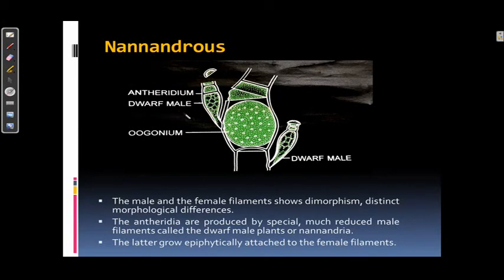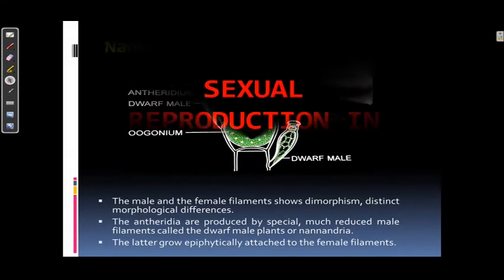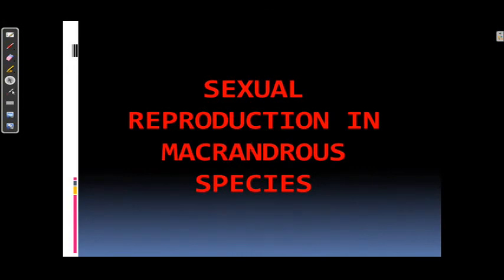This dwarf male grows epiphytically either on the oogonium or on the supporting cell. Supporting cell is the cell which is just below the oogonium. So let's take one by one how sexual reproduction occurs in macrandrous species, followed by nannandrous species.